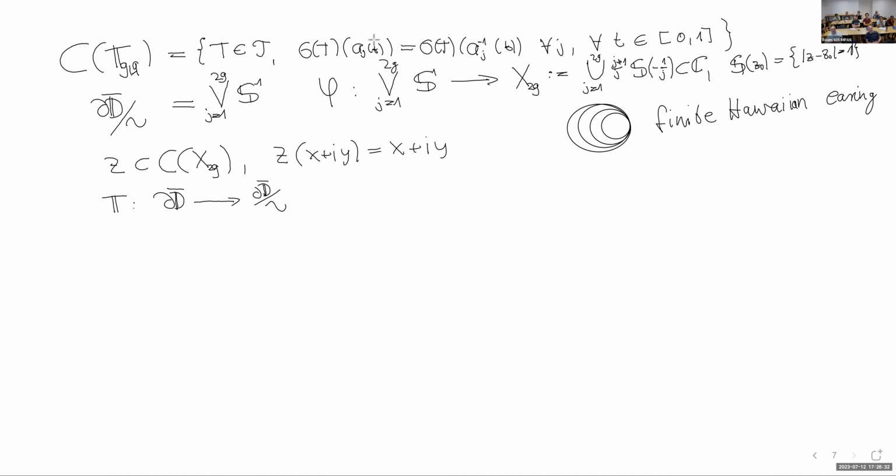Yeah, that's not a good idea. Let's call it rho or something. Let's take rho. And then we can make it like this. So we have here the rho, the canonical quotient map, and then we have our phi.